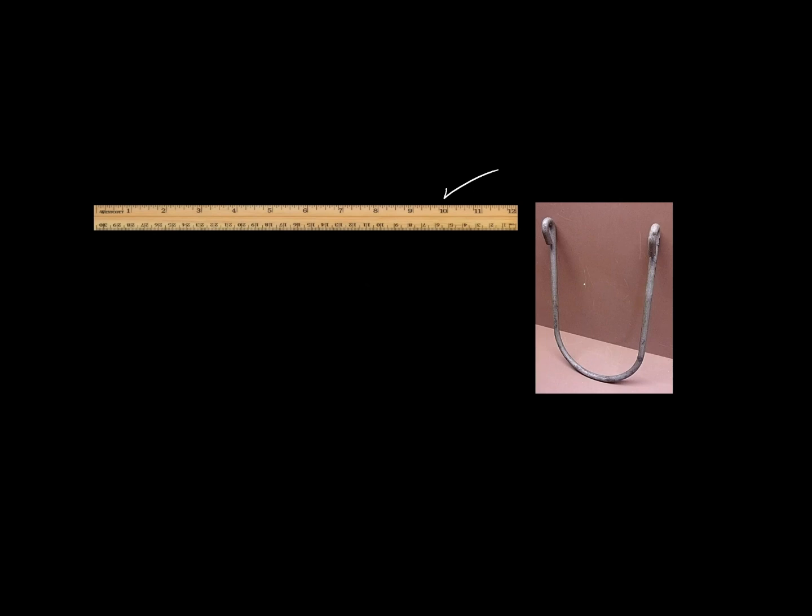Look here. This one is curved, and this ruler cannot be curved. But we can get another thing like a thread. We can use it and lay it along the curved rod.